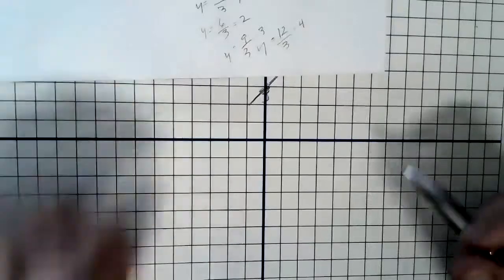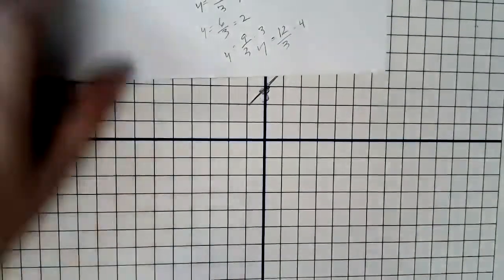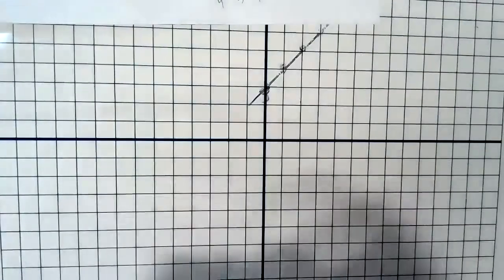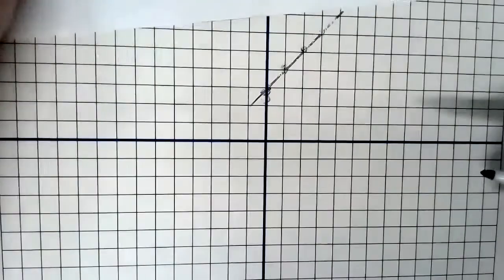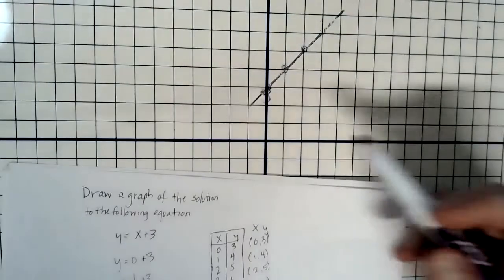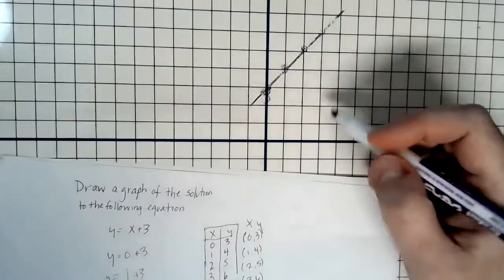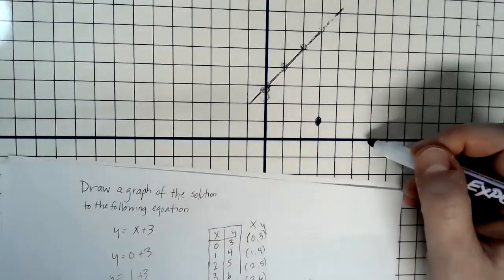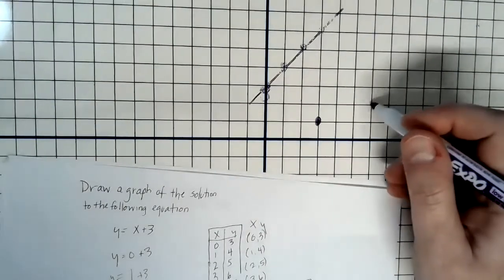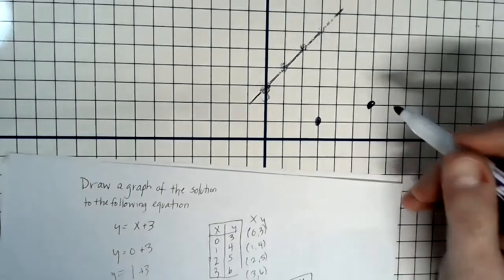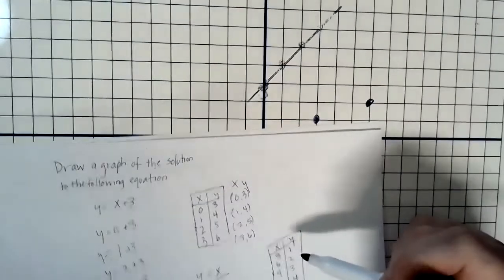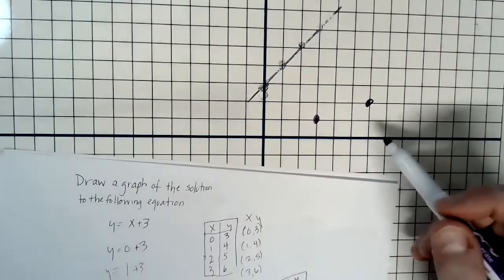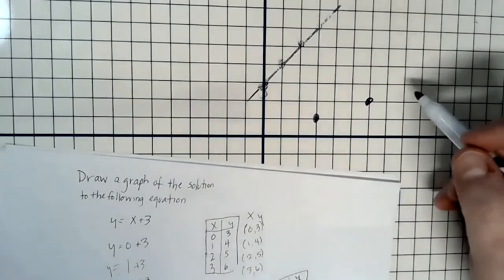And then we just come back to our handy dandy graph board. And we've got 3 and 1. So over 3 on x, up 1 for y. 6 and 2. 1, 2, 3, 4, 5, 6. 1, 2. This is going to be a shallower line. 9 and 3. 7, 8, 9. 1, 2, 3.